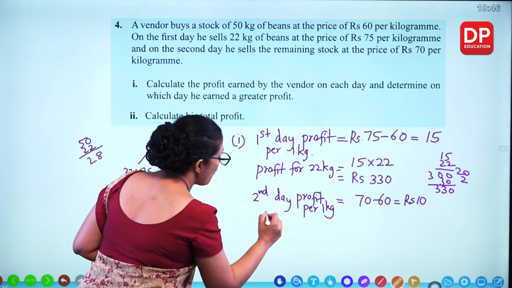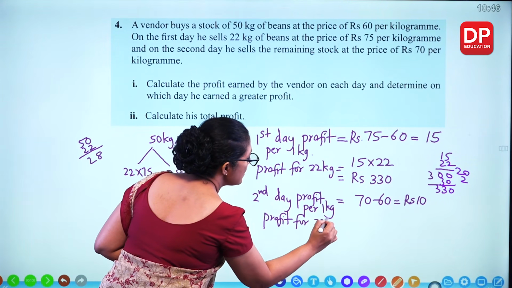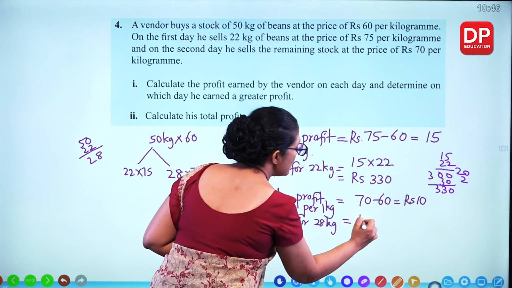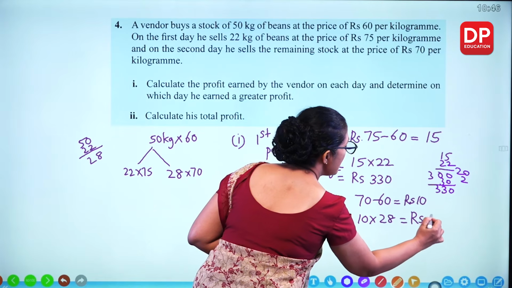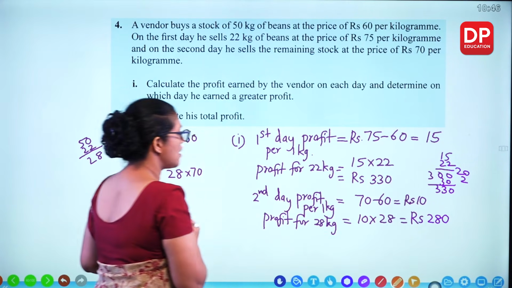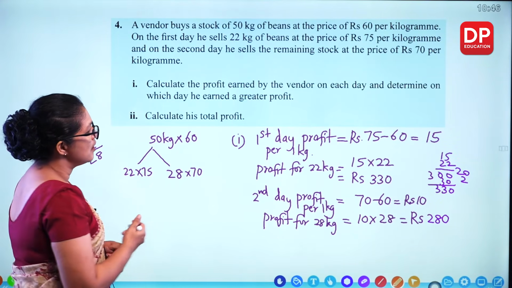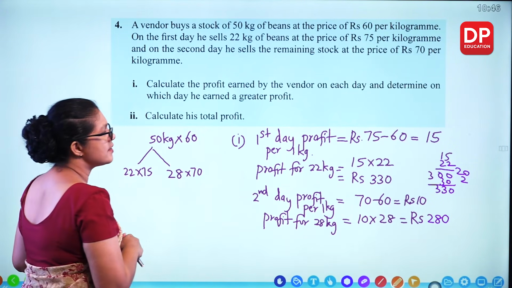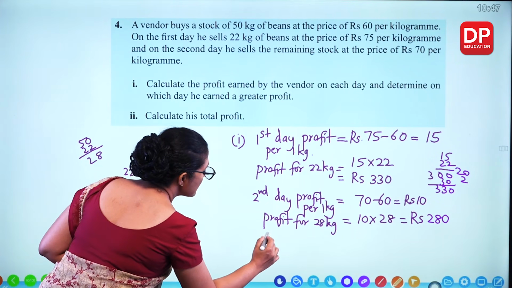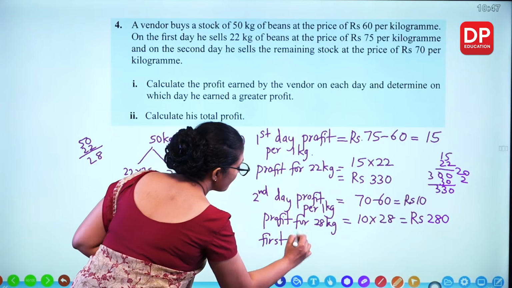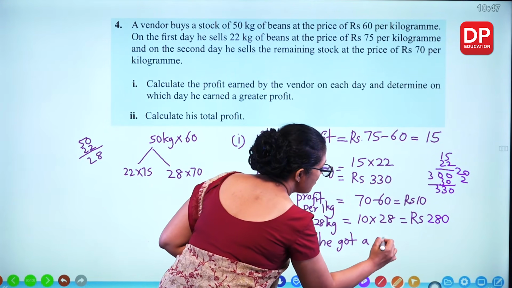So profit for 28 kilos, you have to multiply by 10 times 28, 280 rupees. Now which day he got greater profit? So he got first day 330 rupee profit. So the answer is first day he got a greater profit.